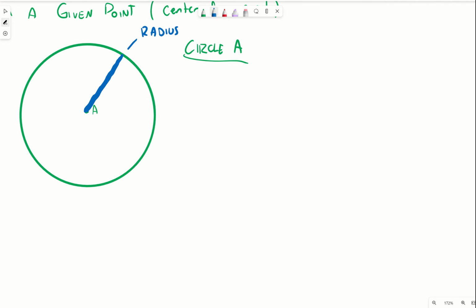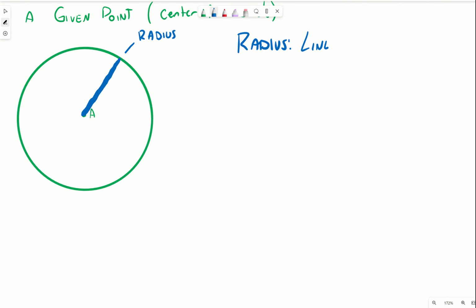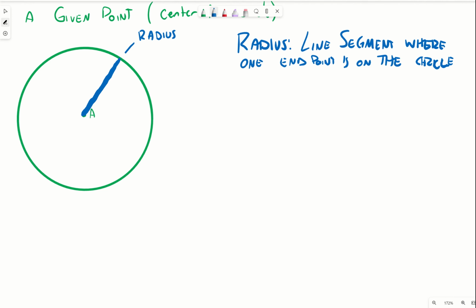Let me go, because we got some notes to go with this. A radius is a line segment where one endpoint is on the circle and the other is in the center.